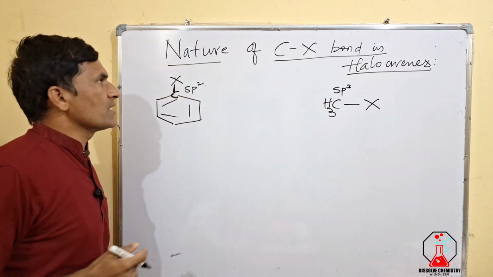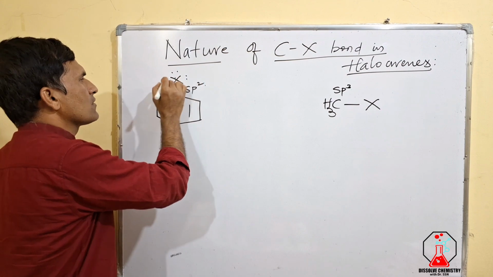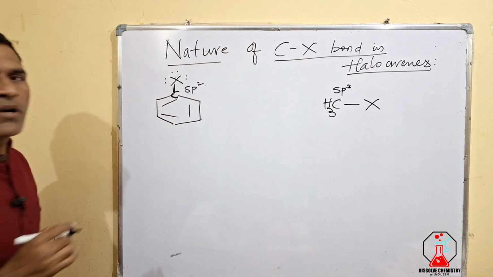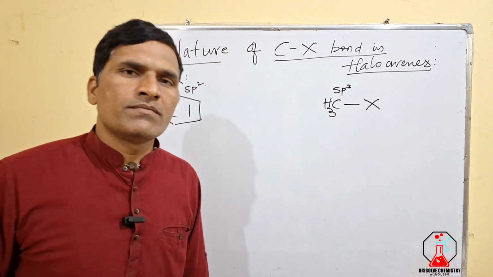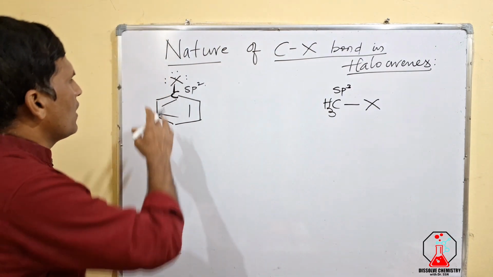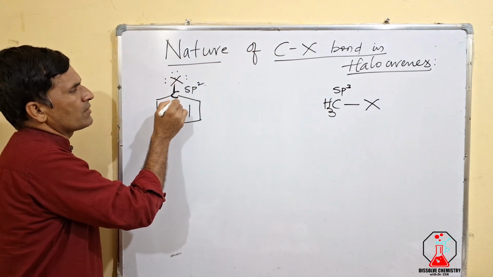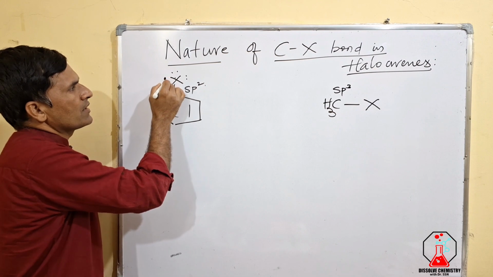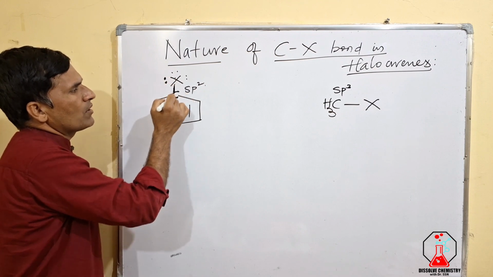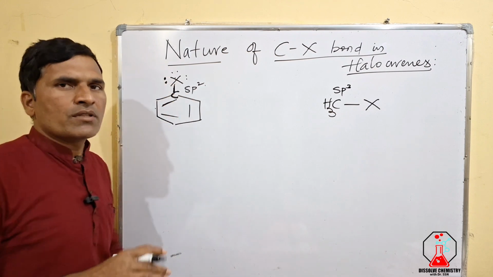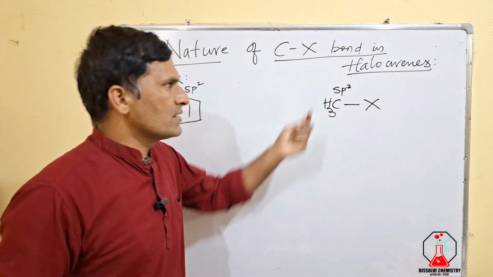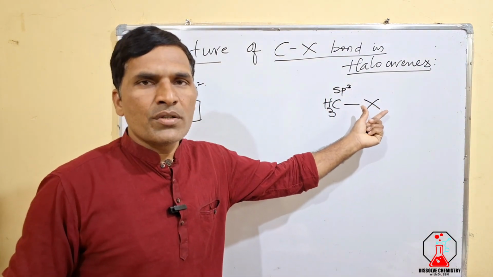The second important thing is that the non-bonding pairs on the halogen are in conjugation with the pi system of the benzene ring: single bond, double bond, single bond, double bond. So they are in conjugation. Whereas here, we are not going to see such conjugation.